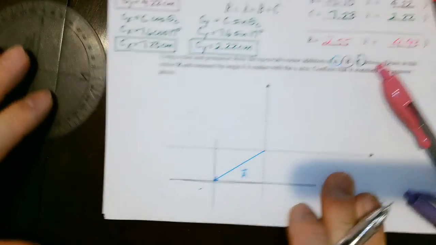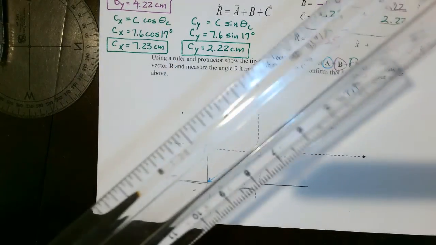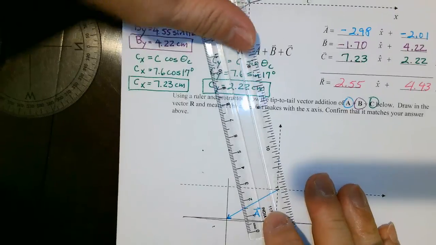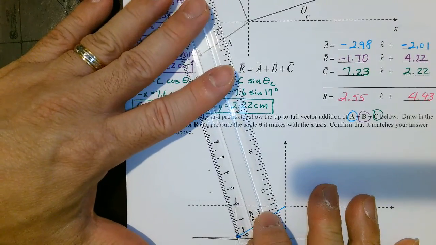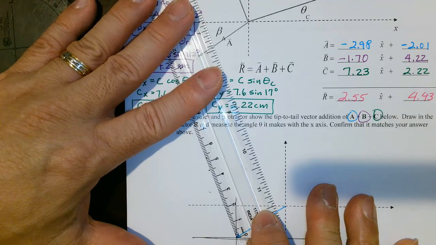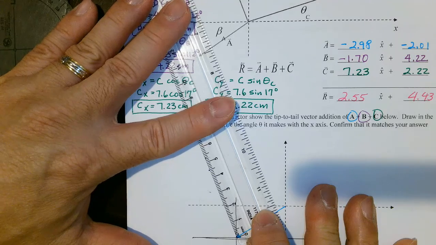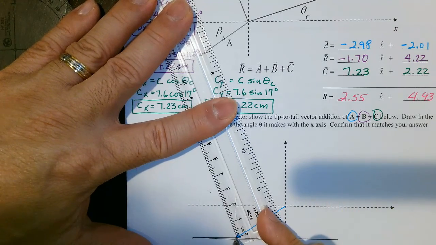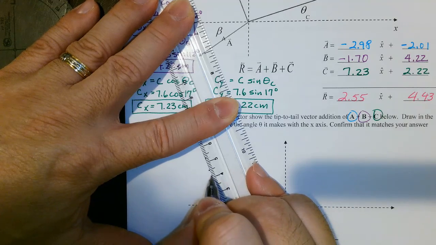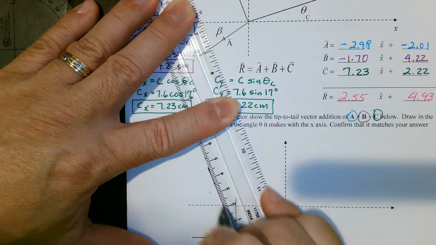And then my B vector is 4.55 centimeters along that direction.